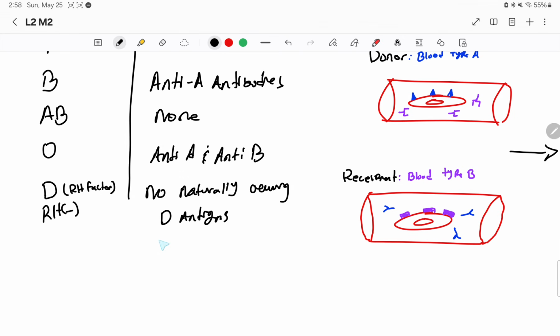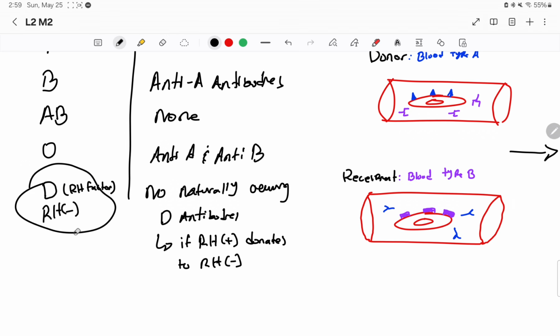Now, does that mean that it can't form? Absolutely not. It can. But the only way that it can form is if somebody who is Rh positive donates their blood to somebody who is Rh negative. Only if this occurs, then an antibody against this D antigen will form.